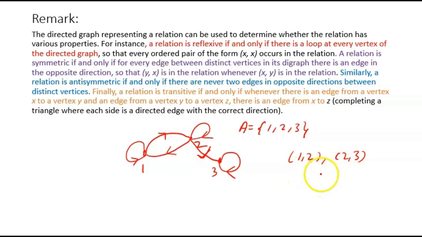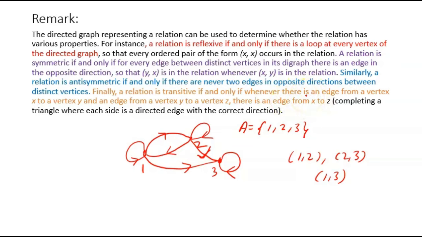So for this to be transitive, the 1, 3 element should also be there. So this edge should also be present in the graph. That is what they are saying: a relation is transitive if and only if whenever there is an edge from a vertex x to a vertex y, and an edge from vertex y to a vertex z, then there must be an edge from vertex x to vertex z.